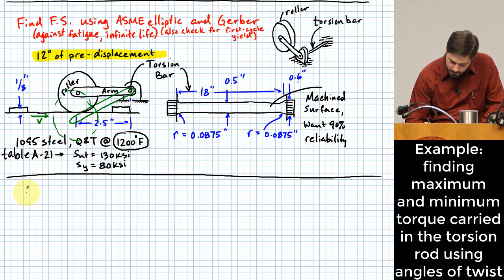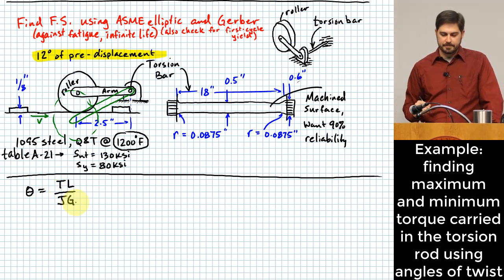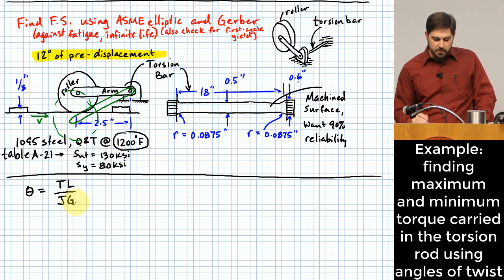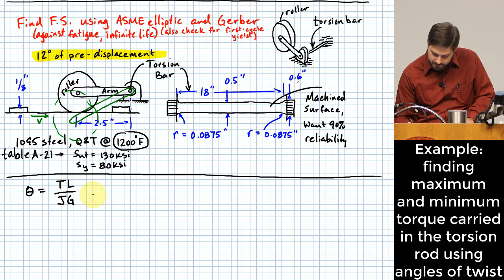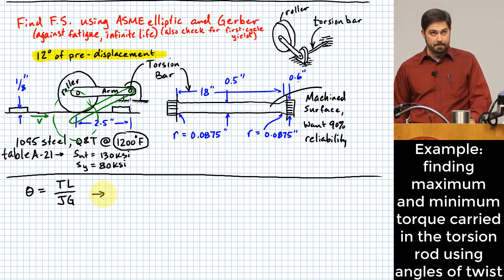We can use an equation theta is equal to TL over JG. And from this equation we actually happen to know theta, right? Theta is 12 degrees, and this is at the minimum.